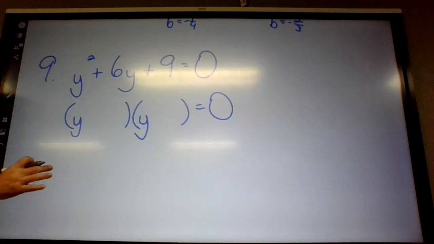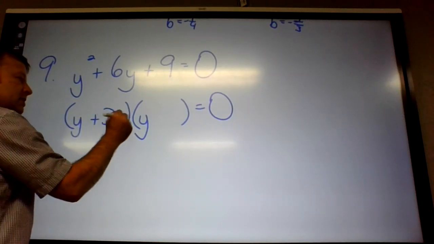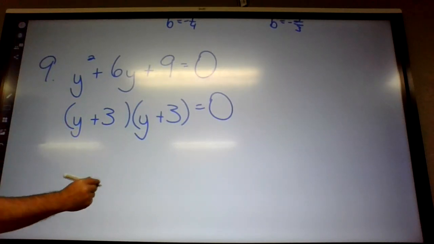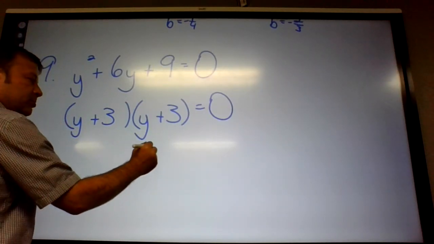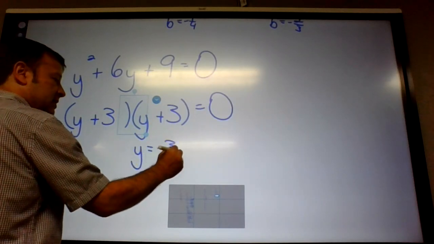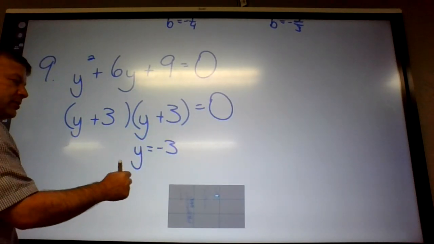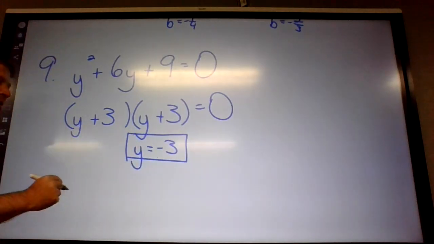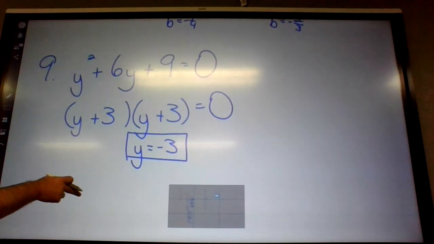What multiplies into 9 that adds up to 6? 3 and 3 multiply into 9 and add up to 6. What y value makes these factors 0? -3. Now, can -3 be an answer twice? No, not really. It's just one answer. If it's one answer that's used twice, it's called a double root. We don't really need to know that though. But number 9 only has one answer.